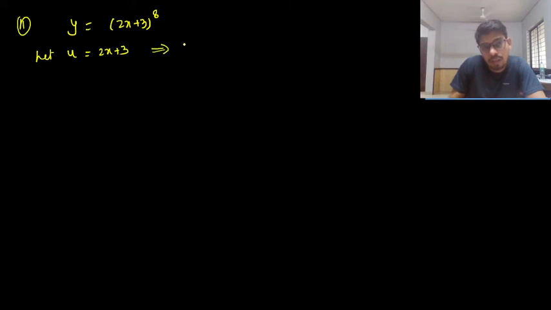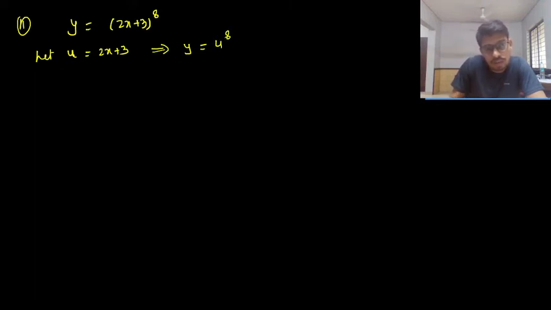Suppose question number 2. Suppose y is 2x plus 3, and its power is 8. Again, let the inner part 2x plus 3 be u. So let u equal 2x plus 3. Therefore y will be equal to u raised to 8.